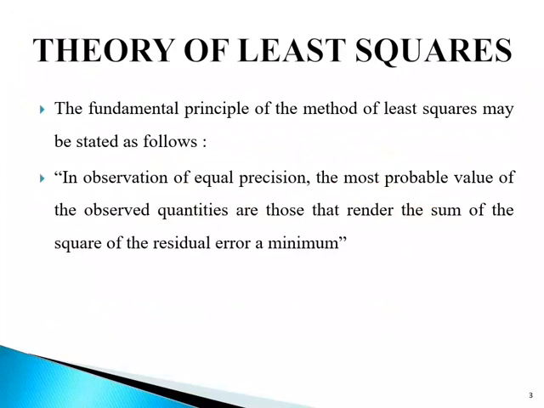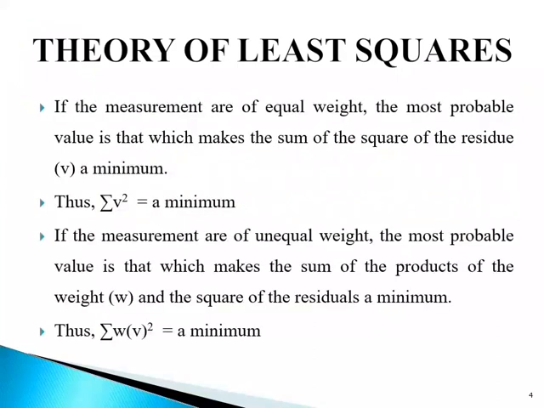The fundamental principle of the method of least squares may be stated as follows. In observations of equal precision, the most probable values of the observed quantities are those that render the sum of the squares of the residual errors a minimum.